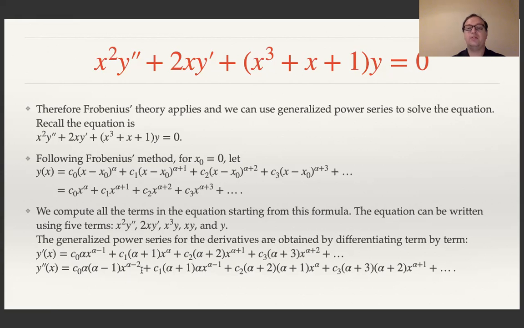The derivative of x squared is 2x, the derivative of 2x is 2, and the derivative of 2 is 0. So here that doesn't happen. No matter how many derivatives you take for generalized power series, in general, all the terms will still be there.